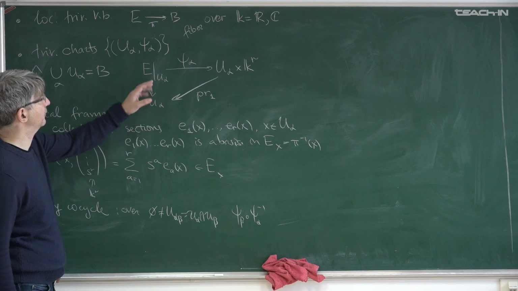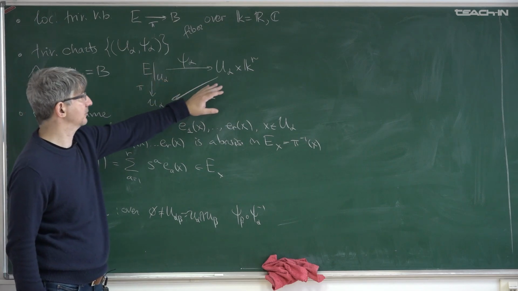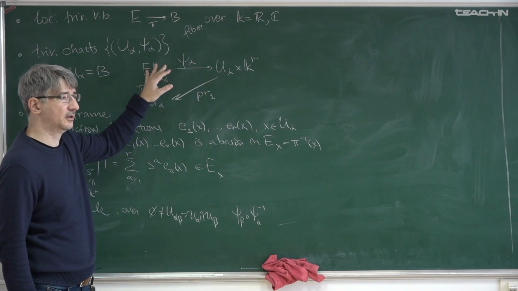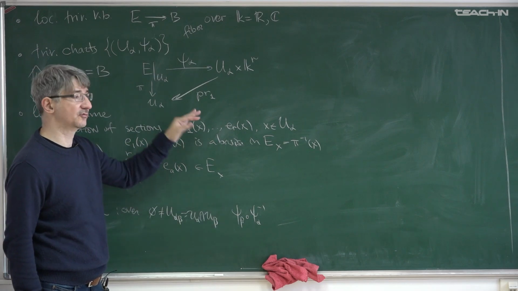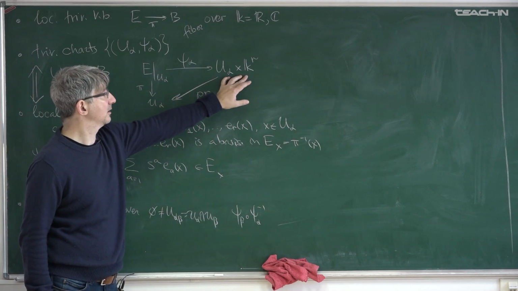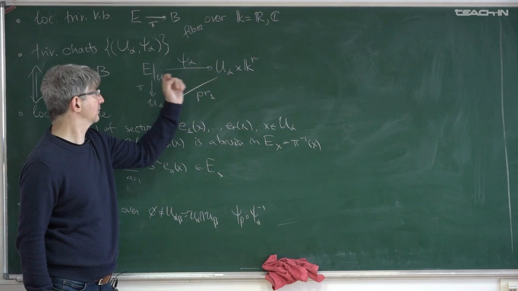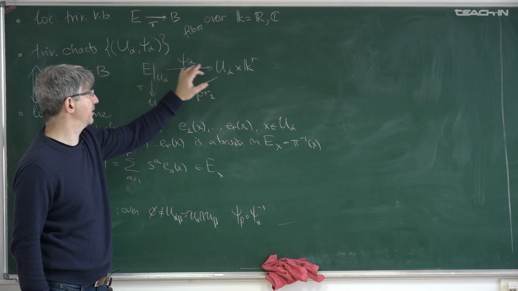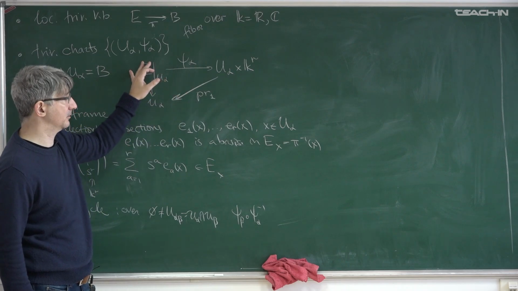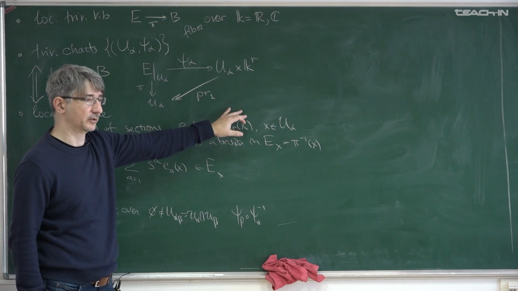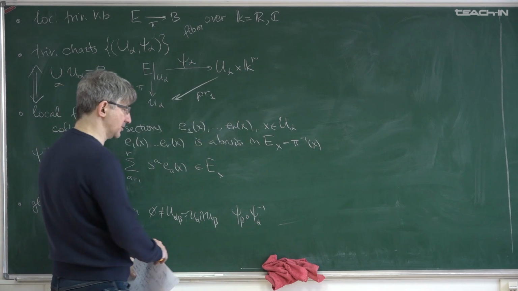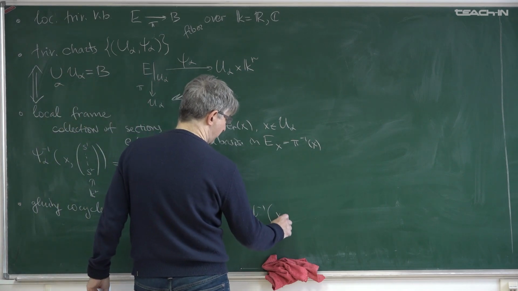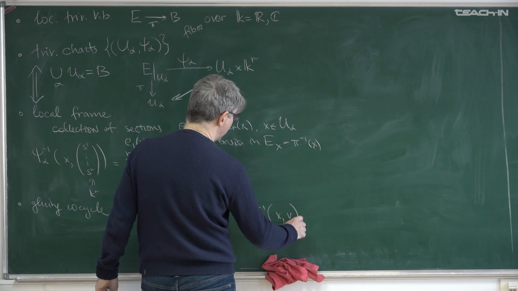Imagine you have two trivializations, one which is written here, and another one, psi beta, which is not written here. So you take the representation of a point here as a point in the base and a vector in K^r. You go back to the vector bundle and then try to trivialize it in another way. So you will obtain a function of a very specific kind.